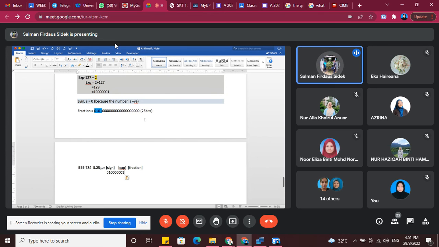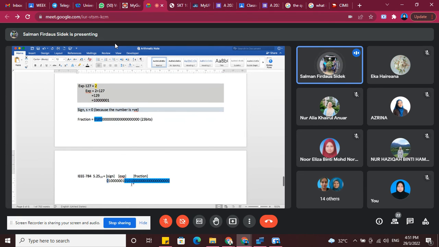Okay, and then fraction. Fraction is this one. So this is the fraction, and then we have the exponent, the gray one. This is the exponent.